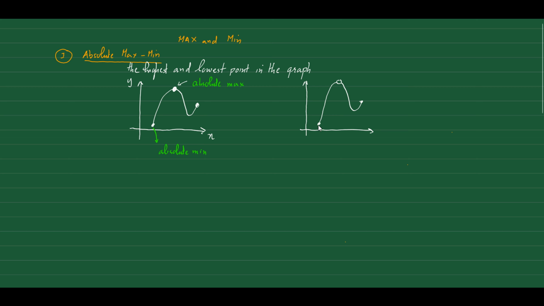Then we don't have a point over here. So even though this is the highest position, because we don't have a point over here, the absolute max does not exist, because we cannot find the coordinate of this point. But the absolute min is still there.